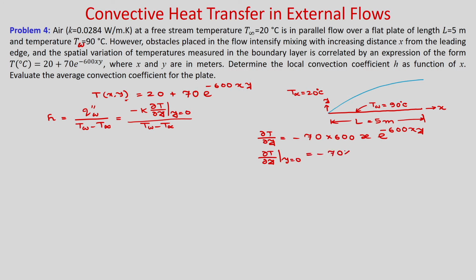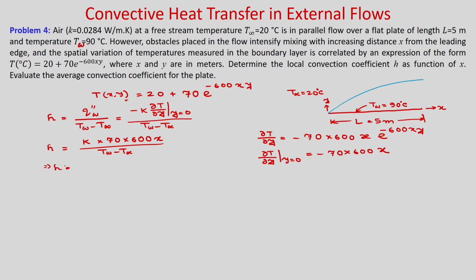It will be minus 70 into 600 into x. Okay. You will be able to calculate the local heat transfer coefficient H. So, this is minus and minus will be plus. So, it is k into 70 into 600 x divided by T w minus T infinity.